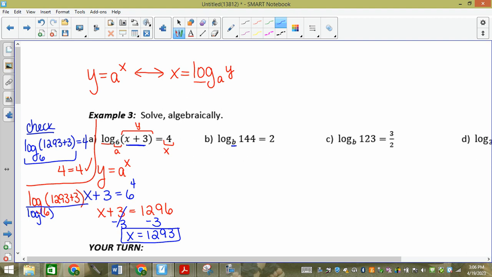So you type in log 1,293 plus 3, close bracket, divided by log of 6. Now this works for every single calculator. It's just more work. But every single calculator can do this one. The short way, only the new ones can. Okay?